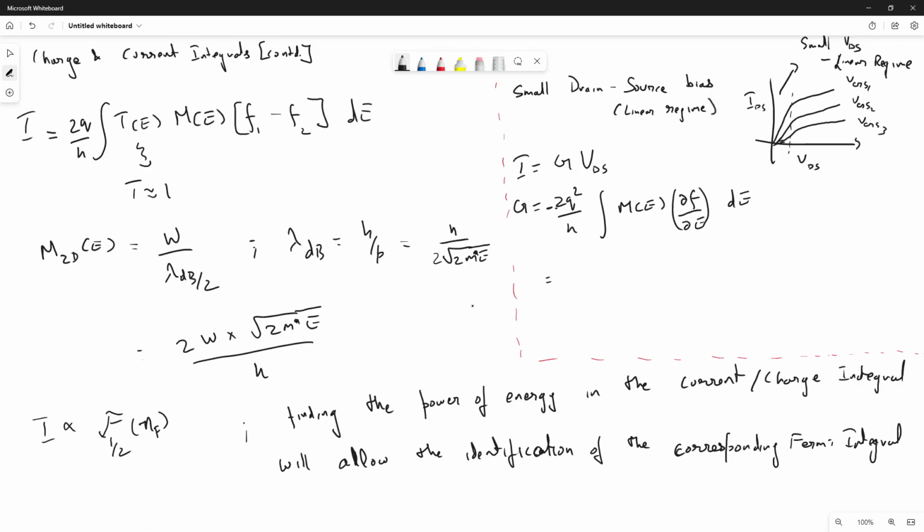Okay, so for small bias, the conductance G is proportional to F minus half of eta F.